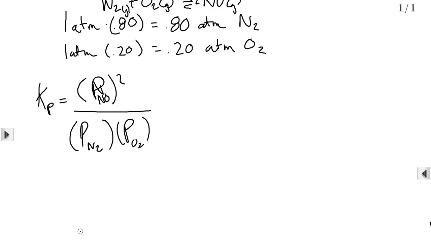Looking at the Kp value, the equilibrium concentrations of nitrogen and oxygen, which are reactants, do you think they'll be larger, smaller, same? If the Kp was 10 to the negative 30, we're probably not going to make a whole lot of NO, right? Your reactants are going to remain pretty much the same here.